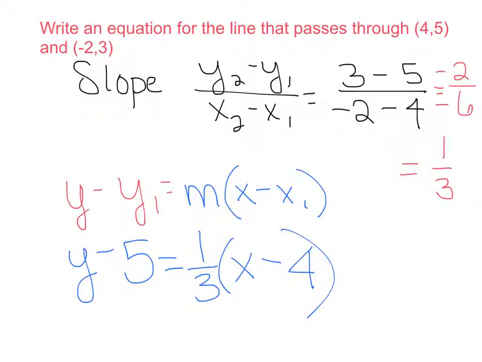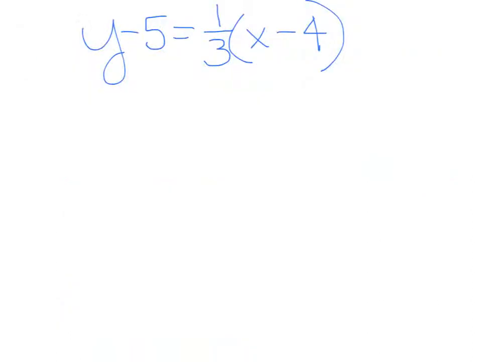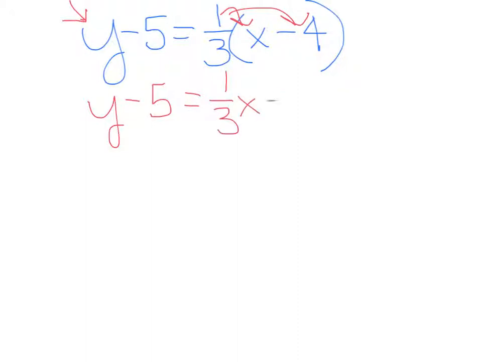Now to turn this into slope-intercept form, you want to remember that you're trying to solve for y. Well, to do that, you first have to distribute your 1/3. So you have y minus 5 equals 1/3 x minus, and then you have to take 1/3 of 4, which will get you approximately 1 1/3.